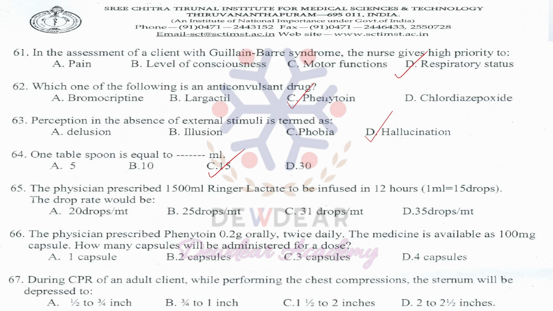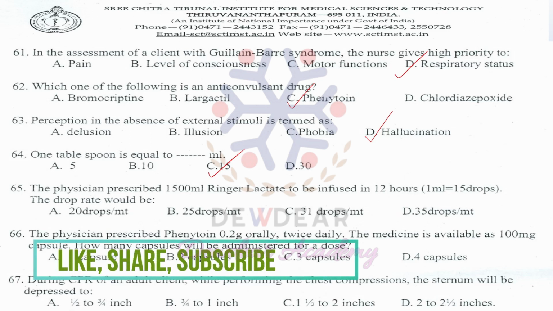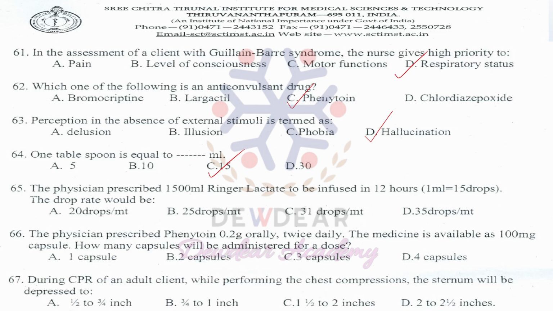It is very important to study the formula to find out the drip rate and fluid rate calculations. Here the correct answer is option C, 31 drops per minute.